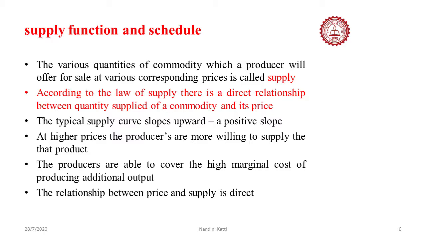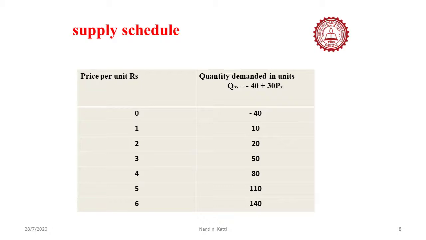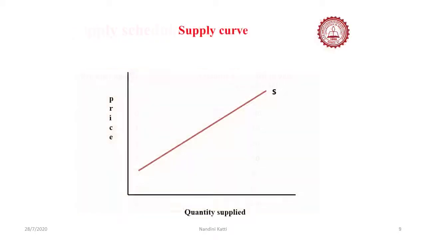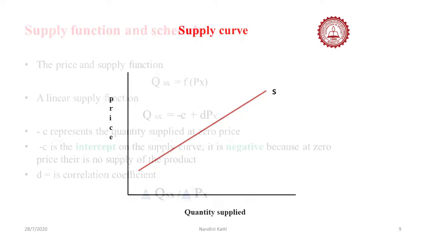It is generally noted that at higher prices, producers are more willing to supply the product for sale, and there is definitely a direct relationship between the price and the quantity supplied. Therefore, a typical supply curve will have a positive slope, unlike the demand curve, which has a negative slope.